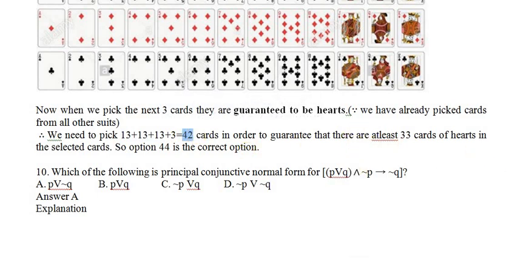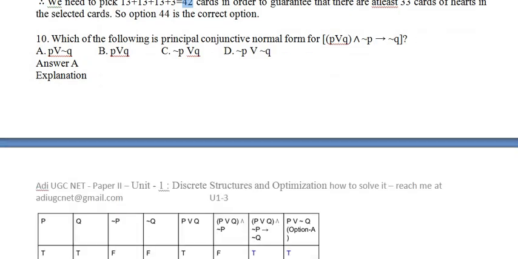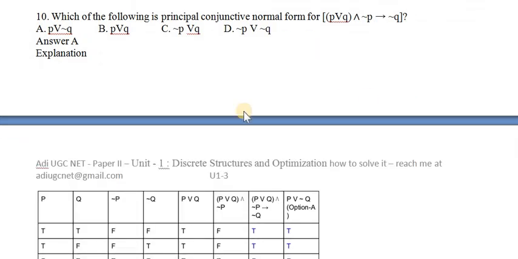Okay, and now one more very important question from June 2019. Which of the following is the principal conjunctive normal form? Okay, so we know conjunctive normal form and disjunctive normal form. Okay, what is conjunctive normal form?